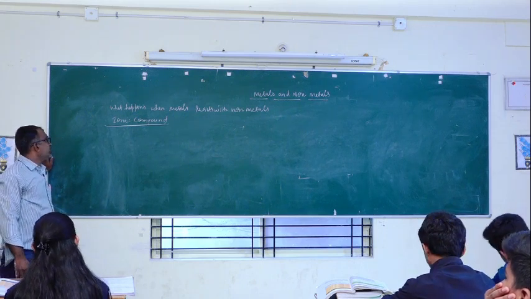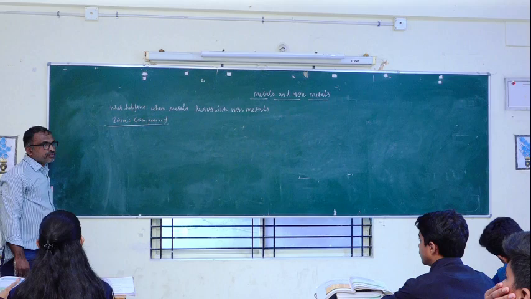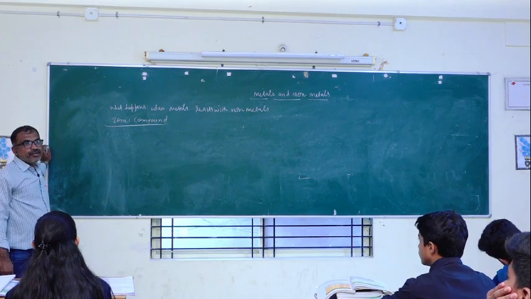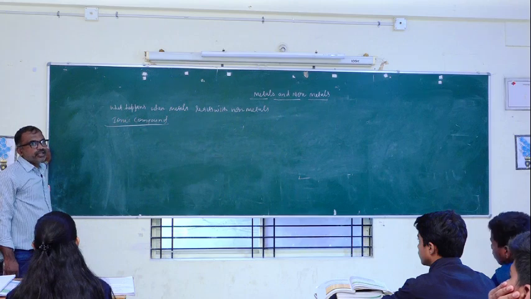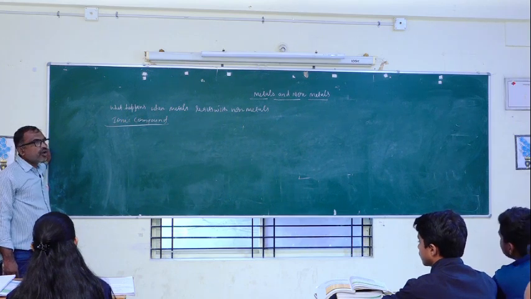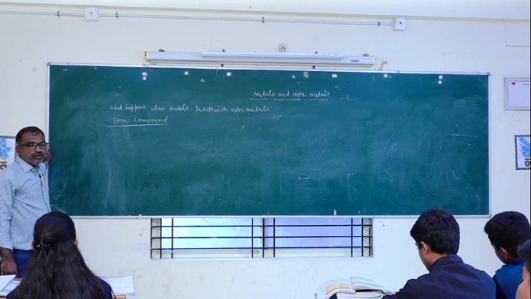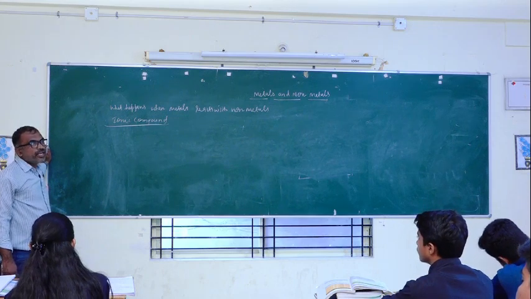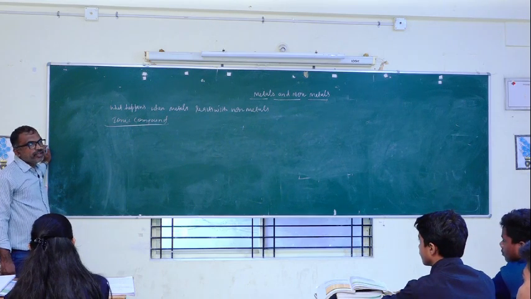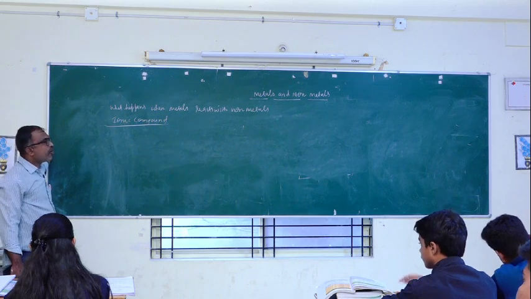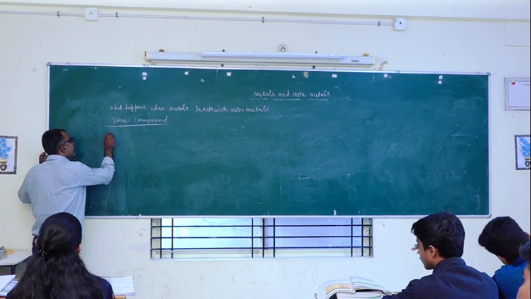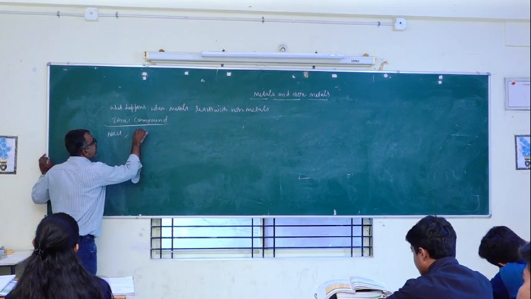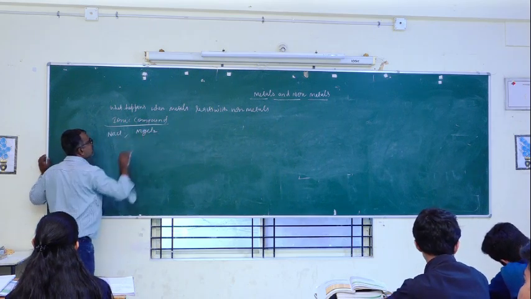What is the definition of ionic compounds? Transfer of electrons from metal to non-metal gives ionic compounds. For example, NaCl or MgCl2.